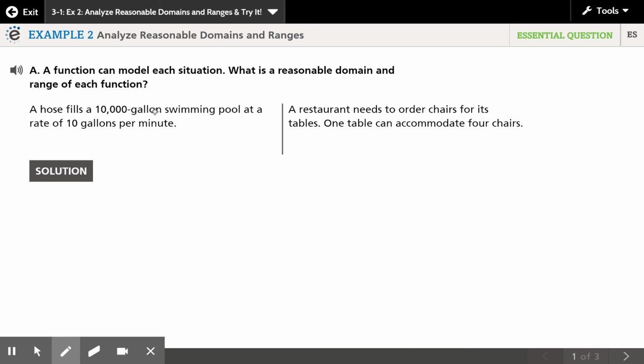Now, the 2 things that we're talking about here are gallons and minutes. So I'm going to let you in on a little secret. Time is going to be our x. So time will be our x. Gallons will then be our y value.